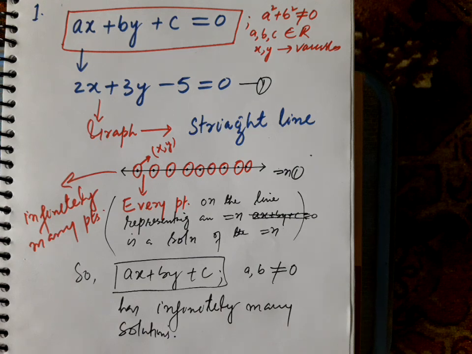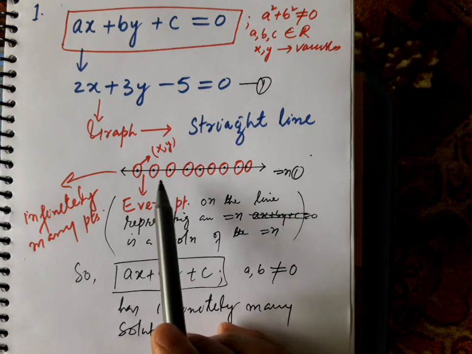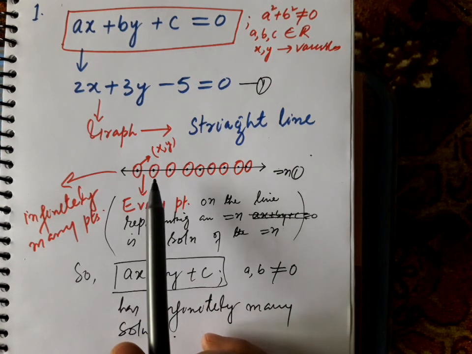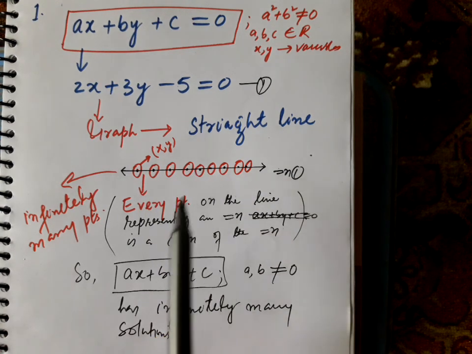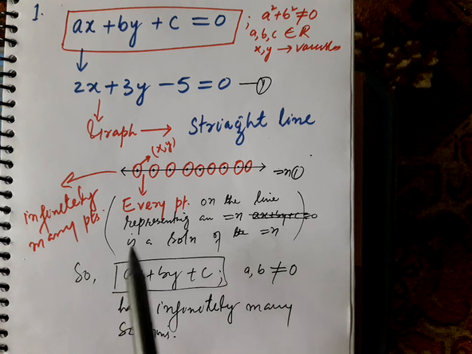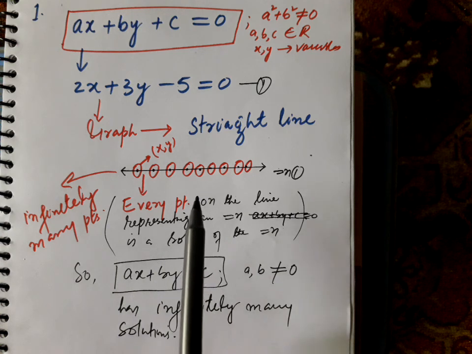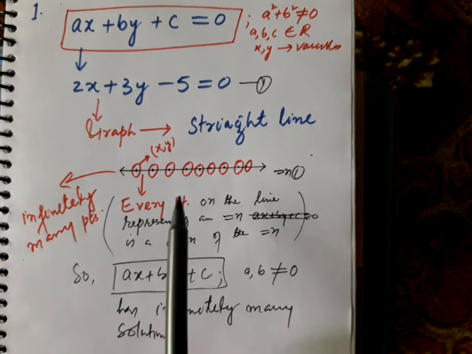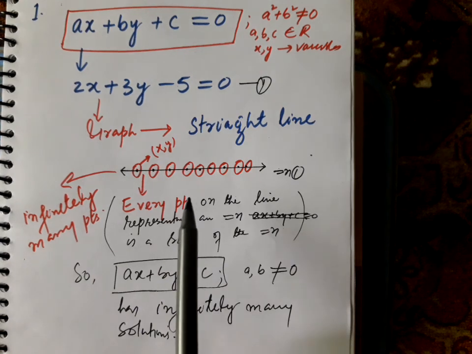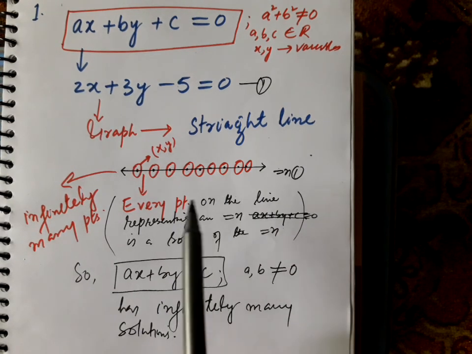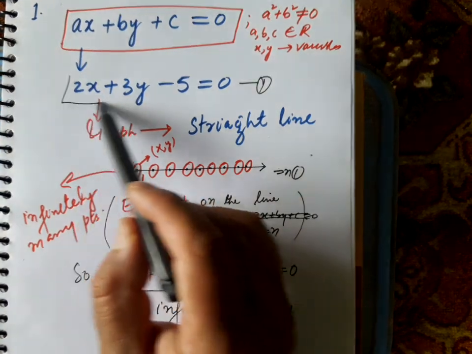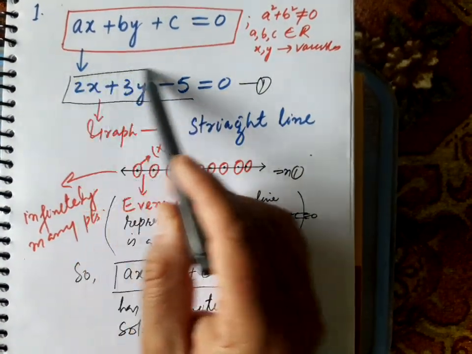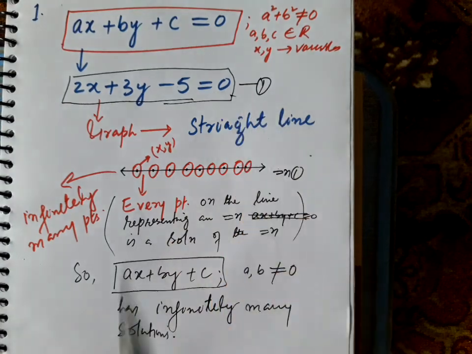What we conclude is that a straight line represents the graph of a linear equation in two variables, and every point on that line is a solution of the equation. Since a line has infinitely many points, a linear equation in two variables will have an infinite number of solutions.